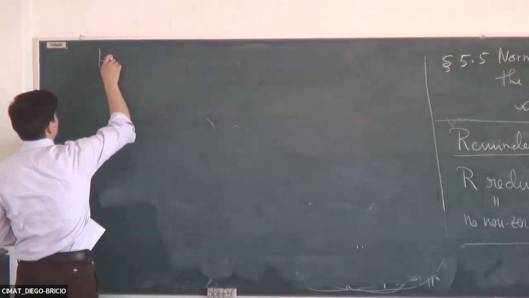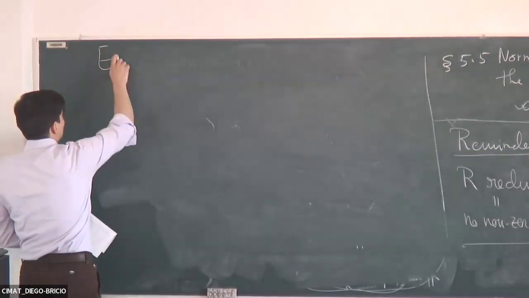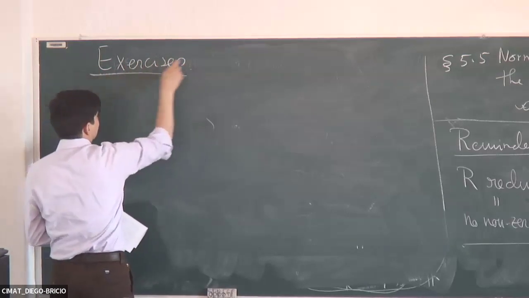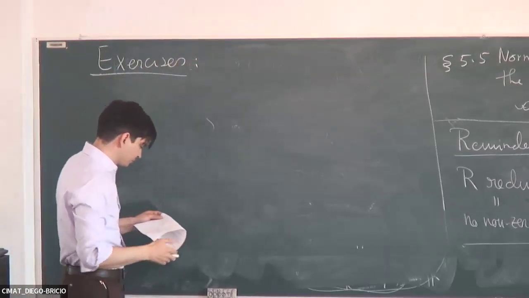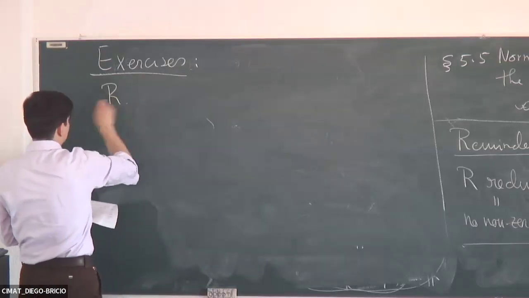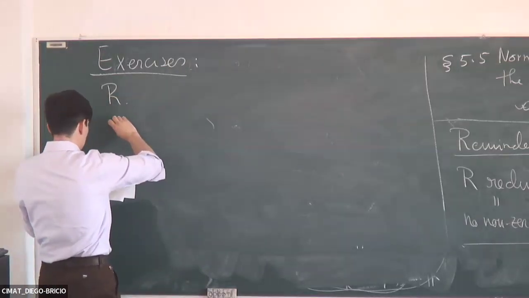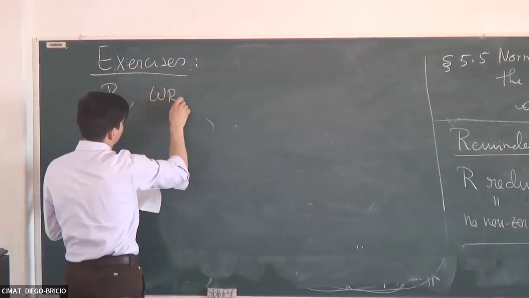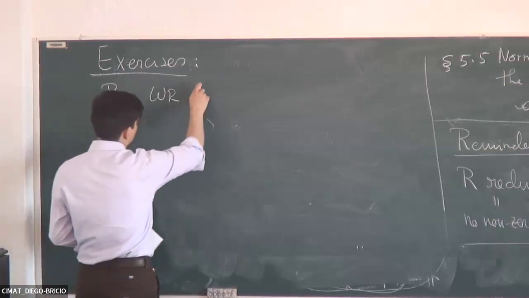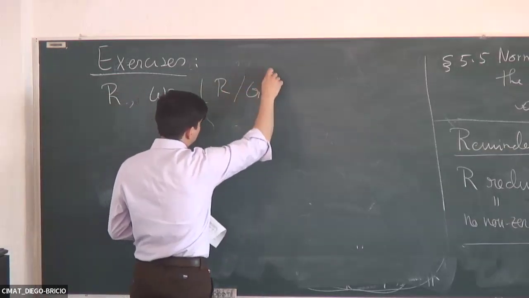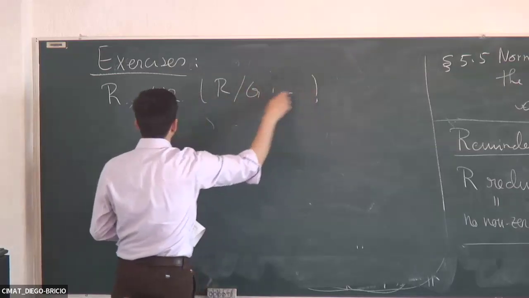Next, I'm going to give you a list of exercises that I need you to do. So the first exercise is the following. We're going to take R, a ring that has a canonical module. Meaning what I started to say today, like R is finite or recurrent in algebra, and so on.